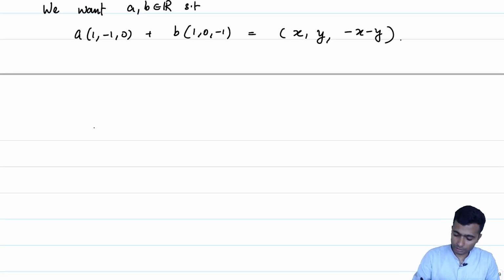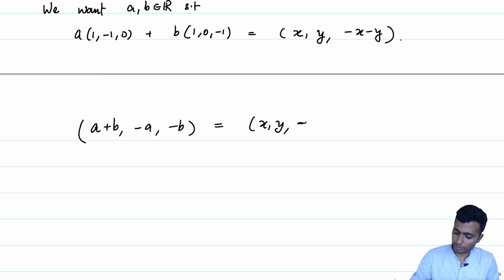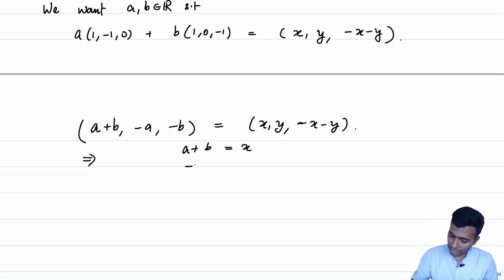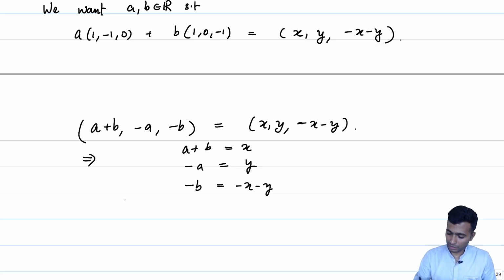But this is nothing but (A+B, -A, -B) equal to (x, y, -x-y). This implies A plus B is equal to x, minus A is equal to y, minus B is equal to minus x minus y.